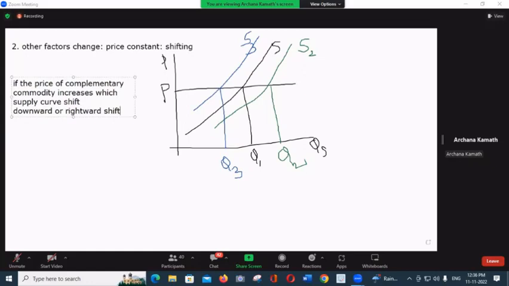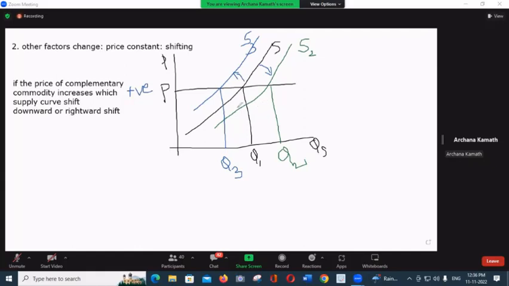So price of complementary commodity increases means there is a positive change. Complementary in supply are positively related, so it shifts towards the right or downward movement. And when complementary's price falls, it goes up, leftward shift. Am I clear to you?